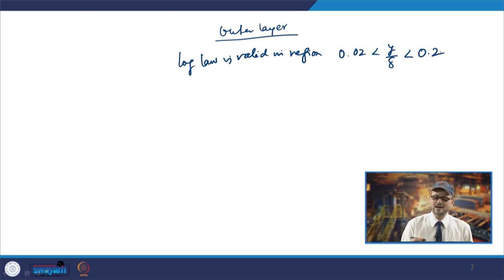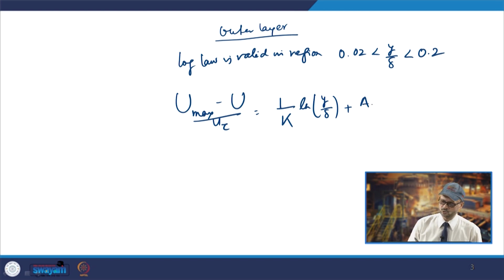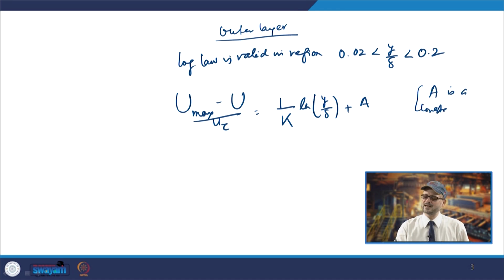By overlapping, if you make them equal, you will have u max minus u by u tau equated to the log, that is, 1 by the Karman constant kappa times ln of y by delta plus A. That is applicable for the outer layer, and here A is a constant.